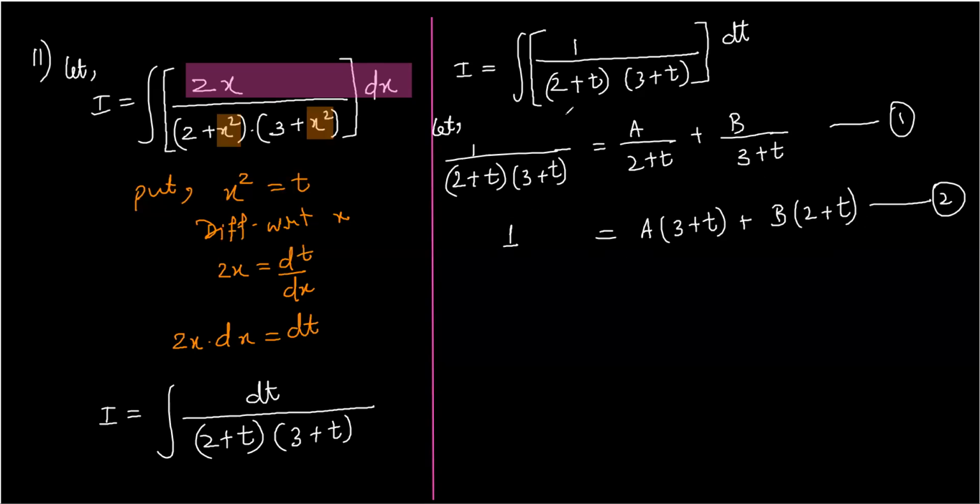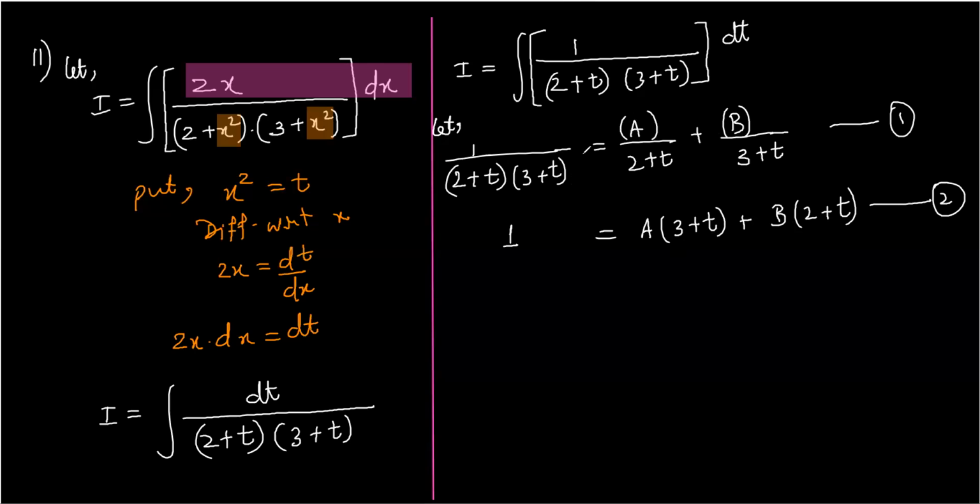Now in this equation, when you put t as -3, you get the value of b, because a gets multiplied by 0. t as -3 makes this factor 0. When you put t as -2, you get b multiplied with 0, so you get the value of a. And that a and b you substitute here.